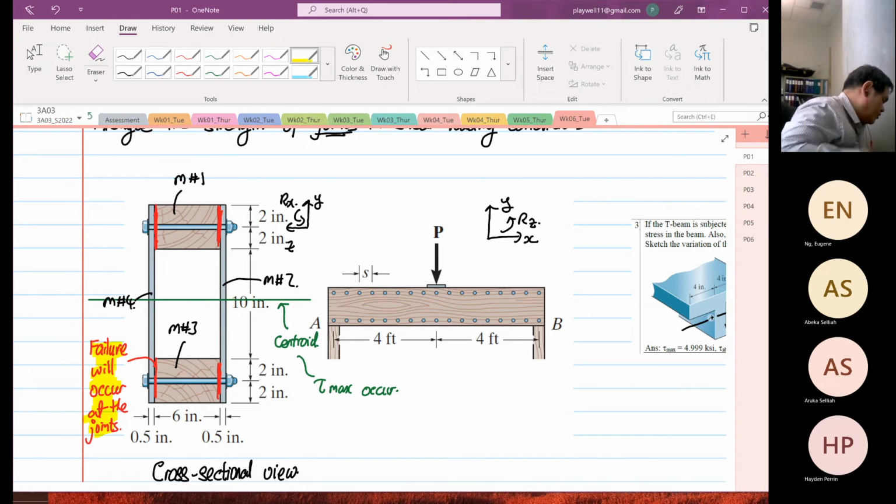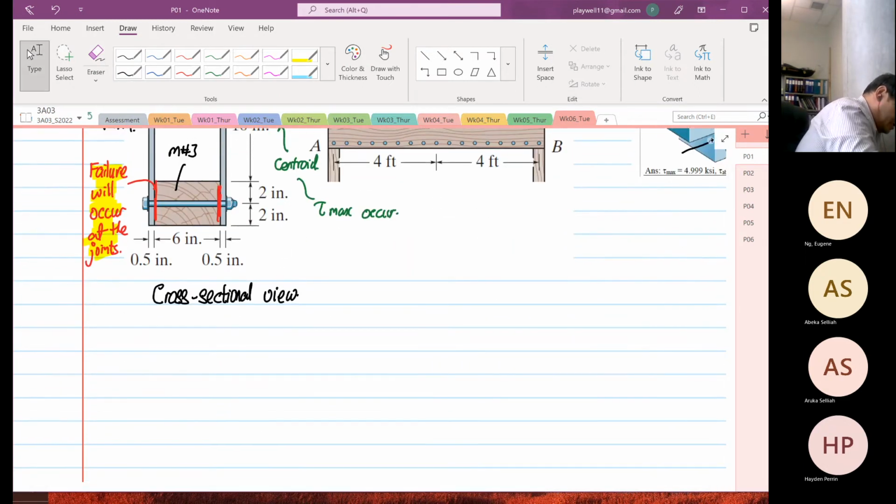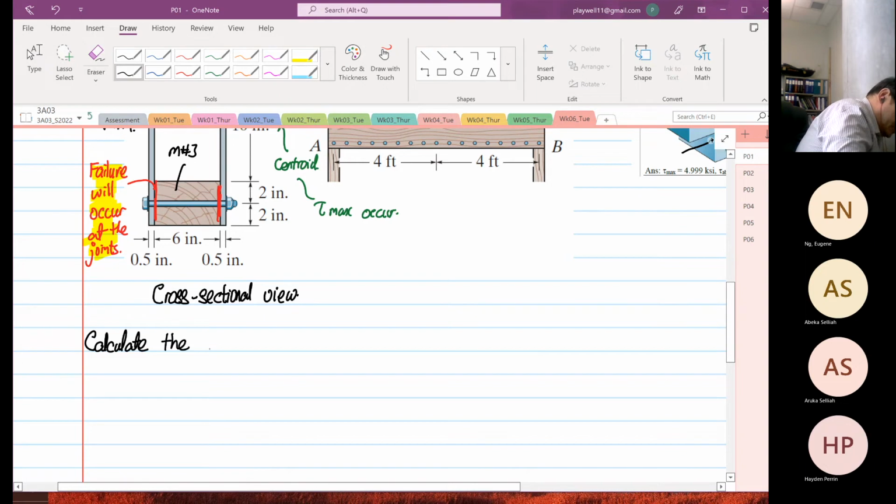But before we do that, the objective of this topic is we're going to calculate the shearing stress acting on the joint.